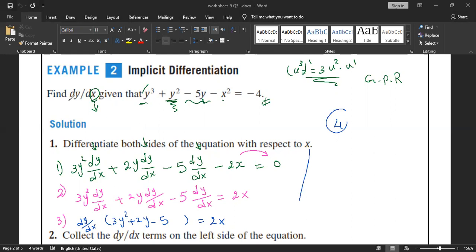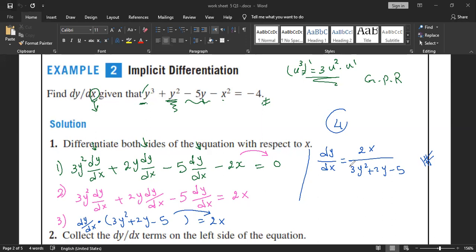Because I ask you to find dy by dx, I have to get it on the left-hand side. How to cancel? Here dy by dx is multiplied by this one. Undo what has been done with dy by dx by dividing. Here multiply converts into 2x over 3y squared plus 2y minus 5. That is your derivative.